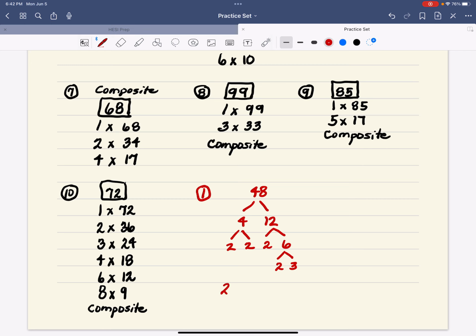So this one is 2 times 2 times 2 times 2 times 3. You could also write that as 2 to the 4th times 3. Number 2. Our number is 35. So 5 times 7, and both of those are prime. So that is your prime factorization.